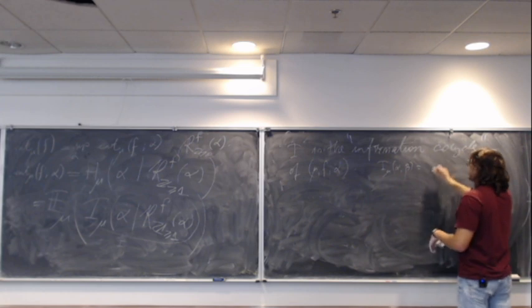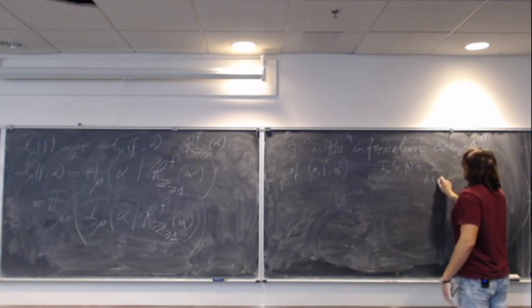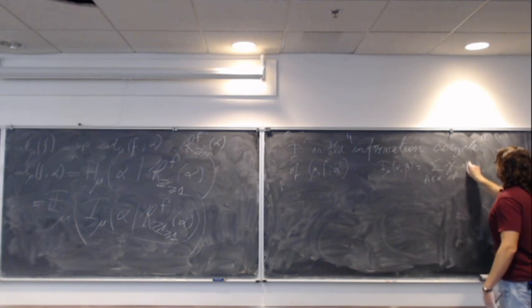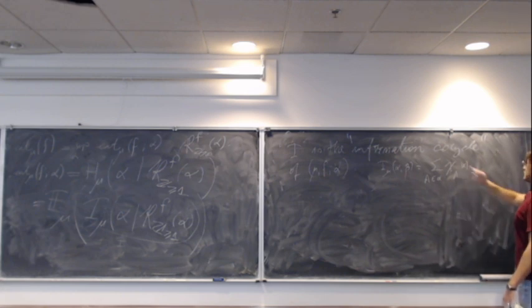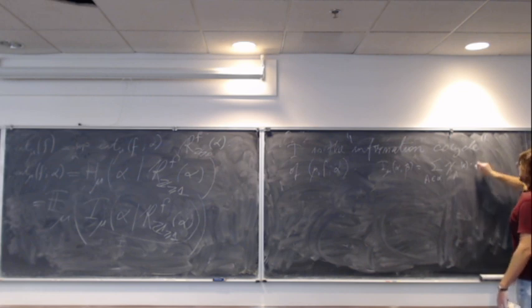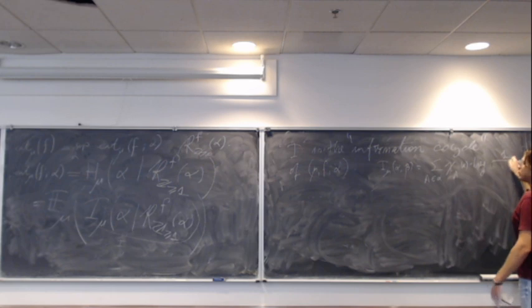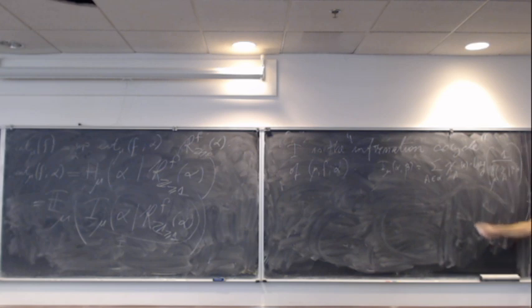If you have this, this is the same thing as the sum over A in alpha of chi sub A of x, times log of 1 over the conditional of chi sub A conditioned on the sigma algebra generated by beta.